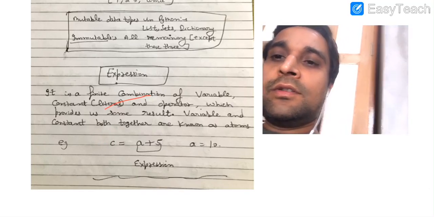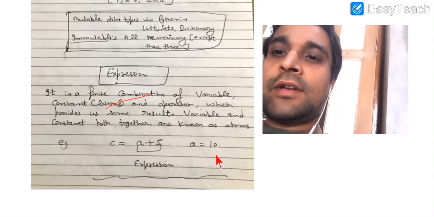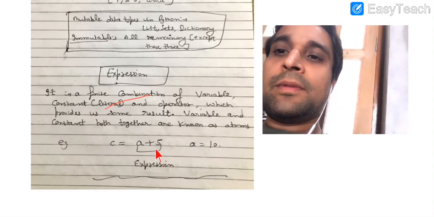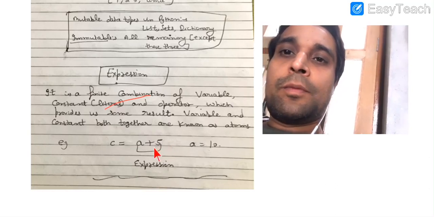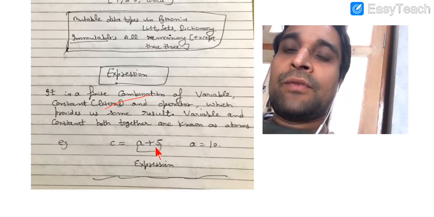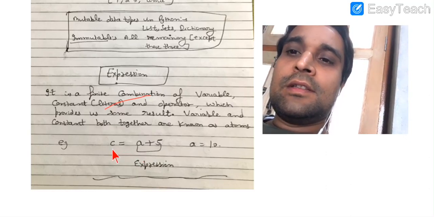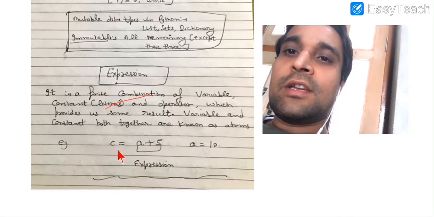Suppose we write c is equal to a plus 5 and the value of a is 10. This is an expression: a plus 5, where a is a variable, 5 is a literal, plus is an operator. When this expression is executed or evaluated, 10 plus 5, that is 15, will be the result, and the result 15 will be assigned to variable c on the left hand side of the assignment operator.